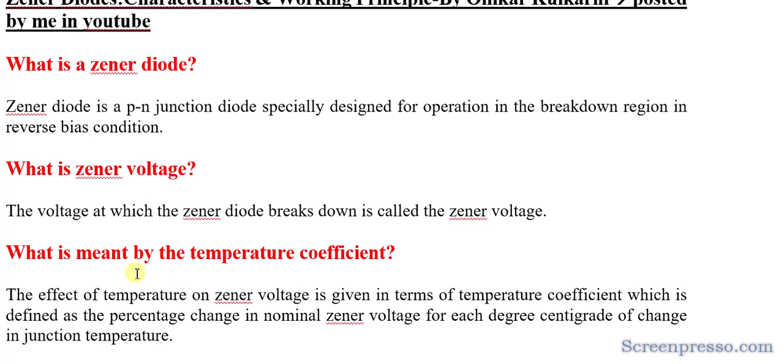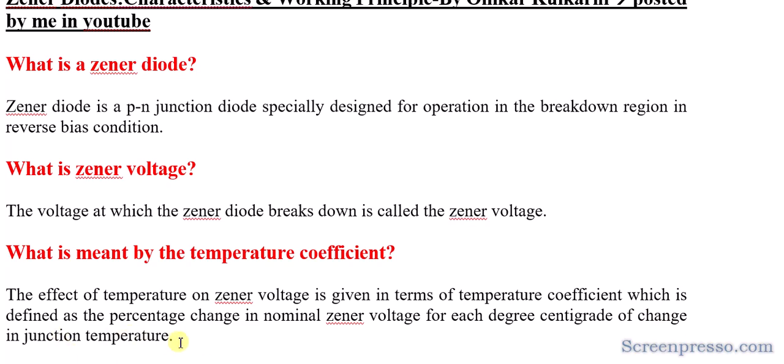What is meant by temperature coefficient? This is a very important thing to understand. I am defining temperature coefficient with respect to a Zener diode. The effect of temperature on Zener voltage is given in terms of the temperature coefficient, which is defined as the percentage change in nominal Zener voltage for each degree centigrade of change in junction temperature.